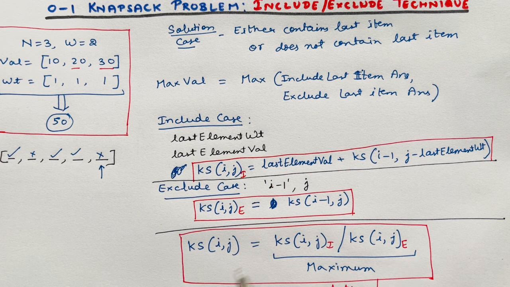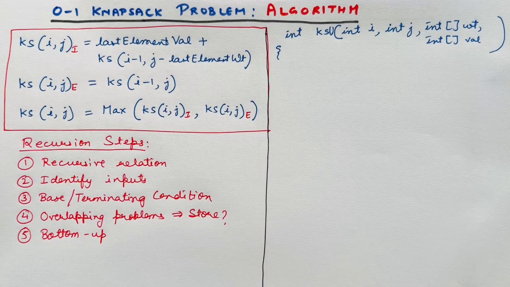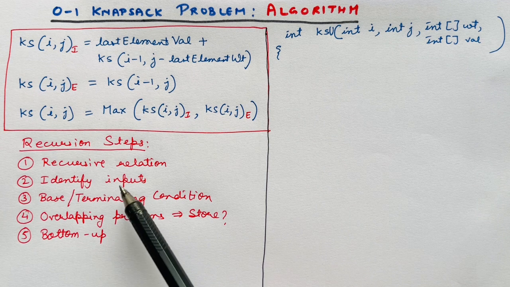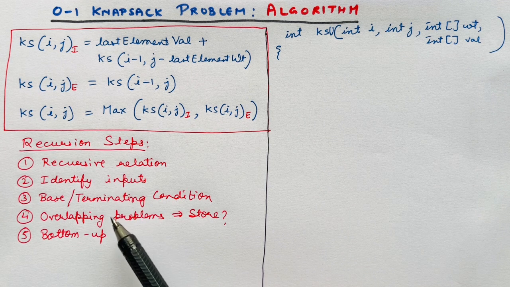So now we have this recursive relation, so we can try converting this into an algorithm. As with any recursion problem, we will solve this step by step. We have already done the first two steps. We have identified the recursive relation.